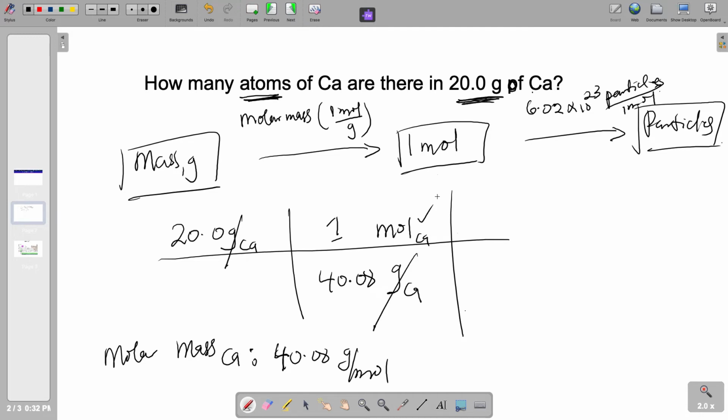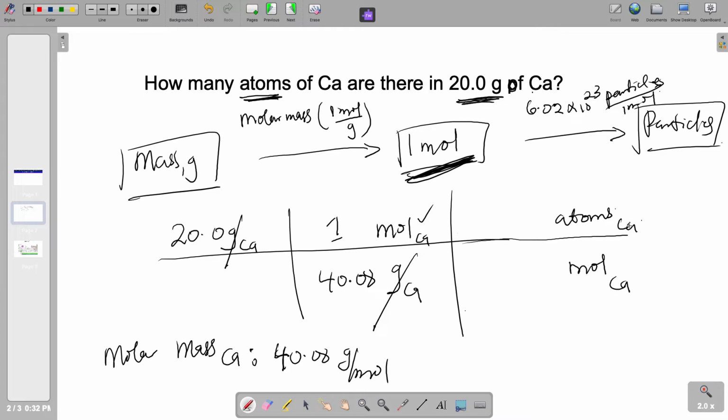Okay, so we are now at this point, moles. But remember, we don't want moles, we want what? Atoms. So the next step is to include our atoms, which is what we want. So atoms here, taking the place of particles. So meaning here should be mole. And what are we calculating for? Calcium atoms. So write calcium here. Okay.